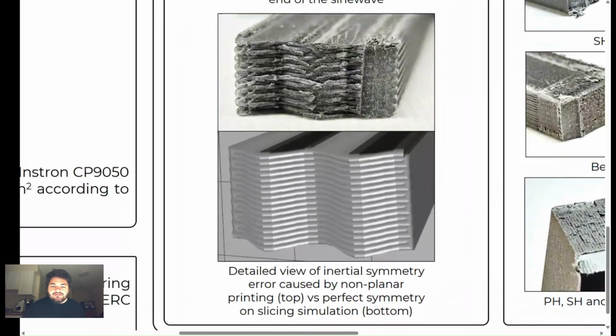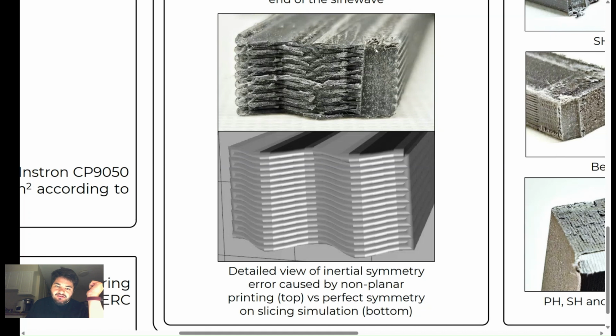Some final remarks. You can see that as the layer for the non-planar specimens is printed, we have a little delay of movement and of material deposition, which was described in literature by one of the developers of the slicers that can produce these non-planar parts, because we have a little inertia in the direction of movement.